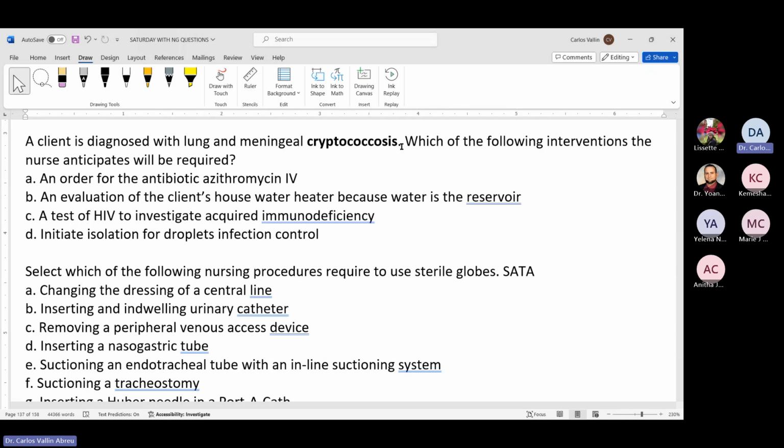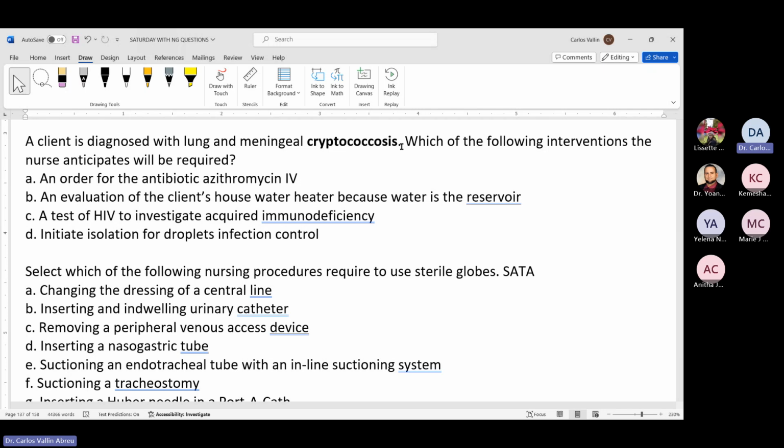An evaluation of the client's house water heater because water is the reservoir? No, the water reservoir of the infectious disease that you should know is Legionnaires' disease, which is a pneumonia produced by a bacteria. This has nothing to do with it.